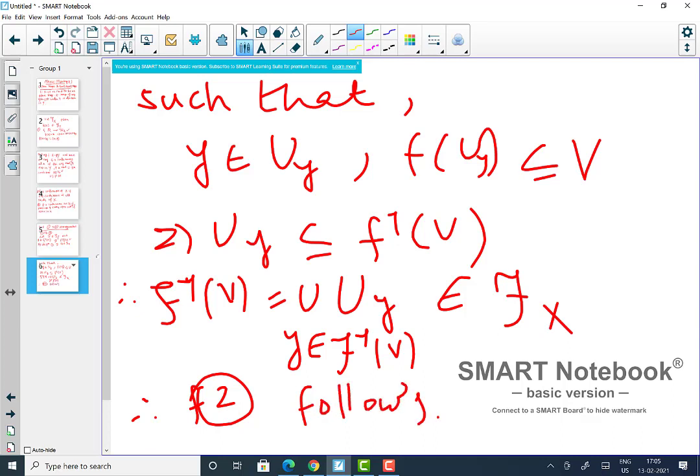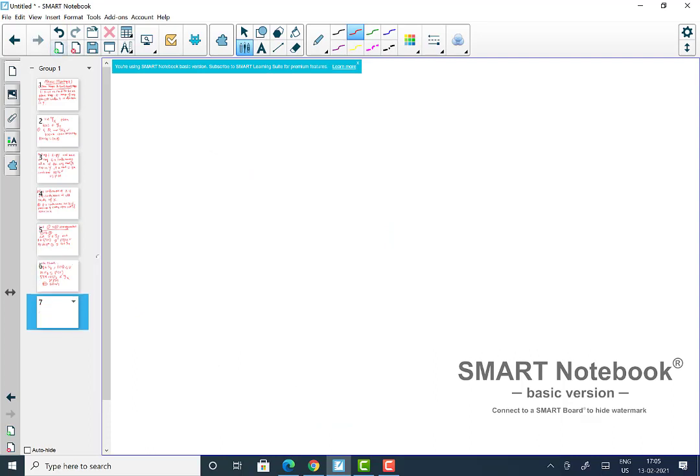Similarly, you can prove 2 implies 1. So 2 implies 1 means what? If the pullback of every open set is open, then for any element of X and neighborhood of f of X, there exists an open set U whose image is contained inside V, and that is obvious by definition. Why?